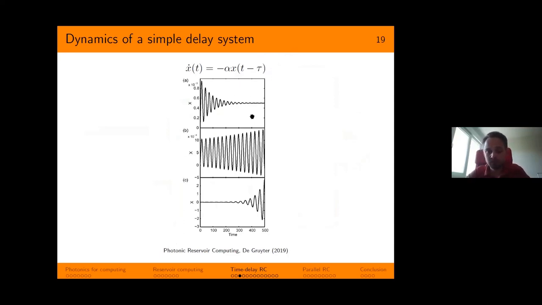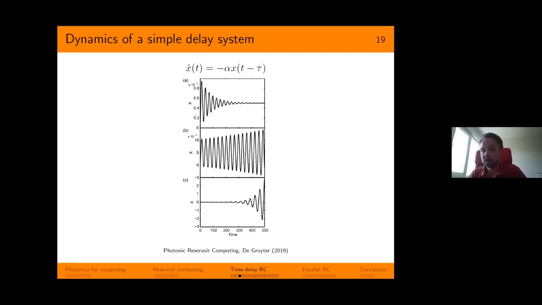The first one where tau is equal to 7, and here the delay actually stabilizes the system. We start with the perturbation, and the perturbation is relaxed. And here we have tau equal to 8 and 10, and at 10 we can see that the delay, on the contrary, destabilizes the system and amplifies the perturbations.